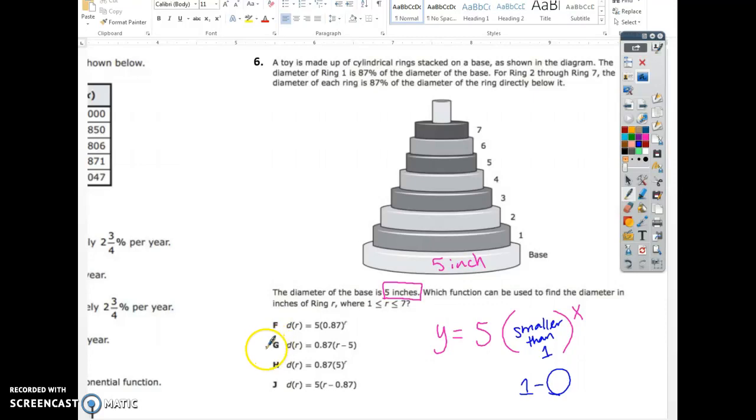It looks to me like G and H are out. But F and J could be the answer. Except for this: this one has the exponent and this one doesn't have the exponent. That means this one's exponential and this one's not exponential. The answer is F. Process of elimination.